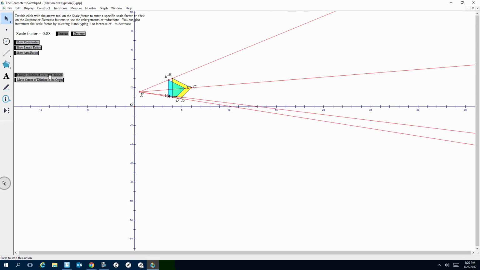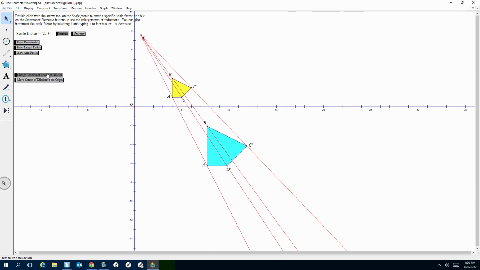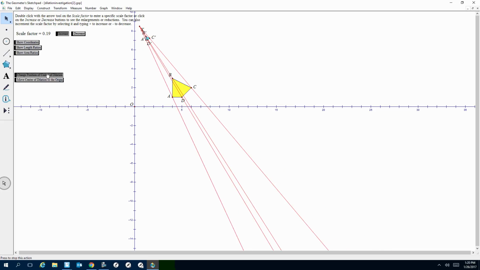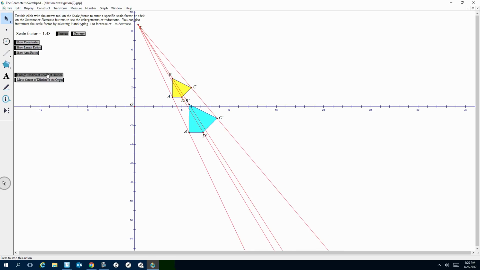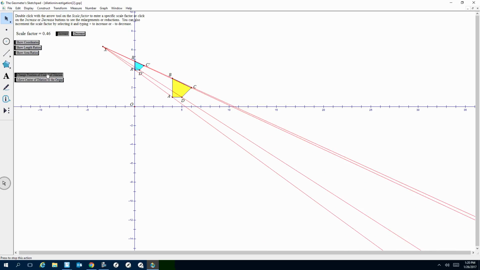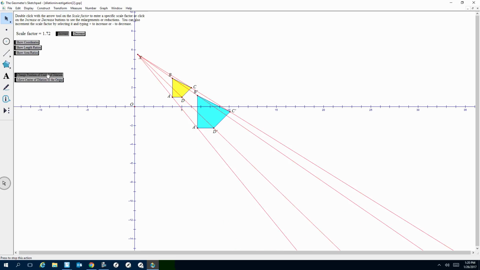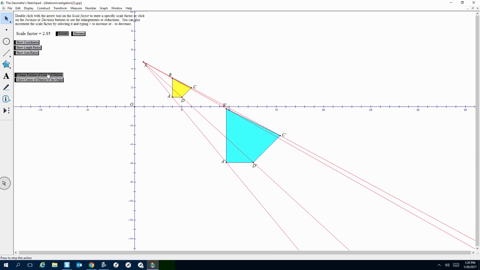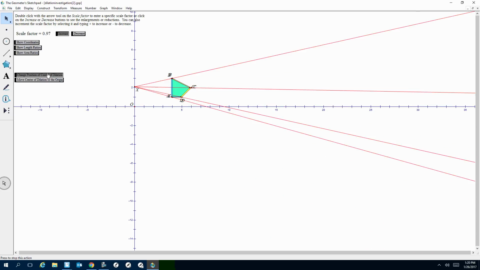Now, look. What this is showing you is those lines always intersect. Do y'all see that? The center of dilation is always the point where those lines meet. And you are going to have to identify that center and use the center to dilate a point by a different scale factor.